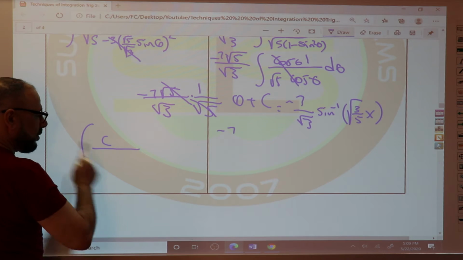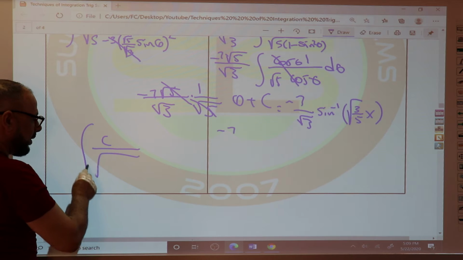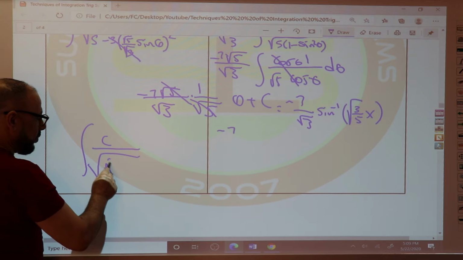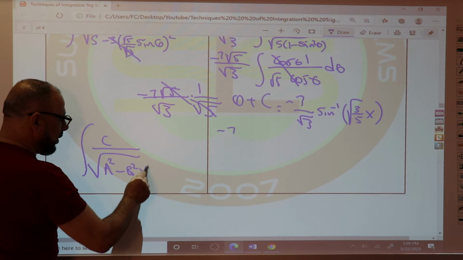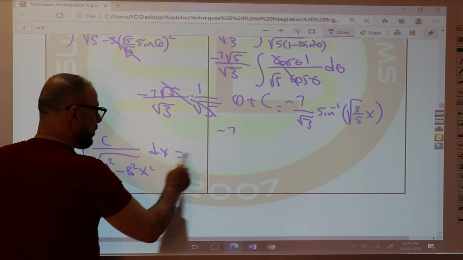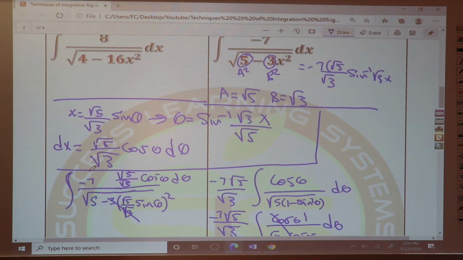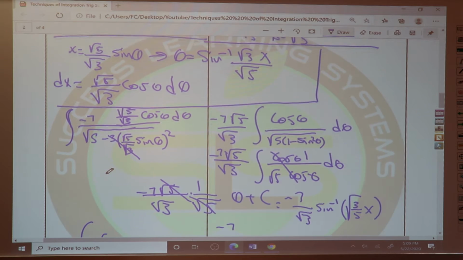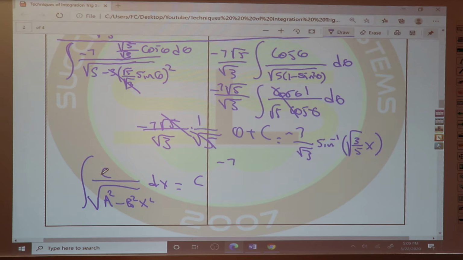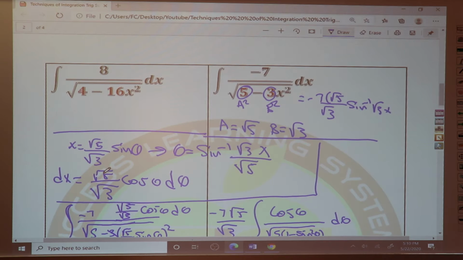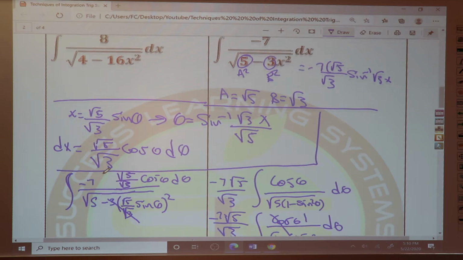Integration of C over square root of A square minus B square x square dx. A is whatever number you have there, you take the square root of that number.